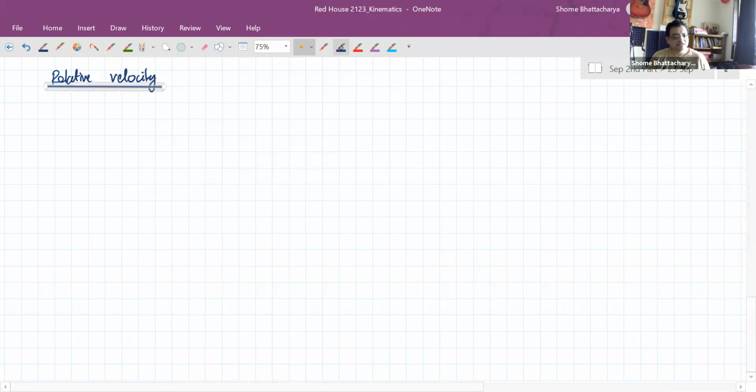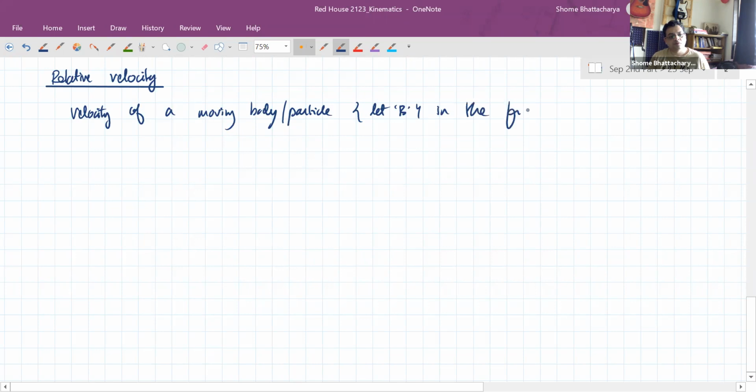That is the velocity of, let's say, one object, a moving body or particle, whatever, let's say B, in the frame of, or you can say relative to, another moving body or particle.